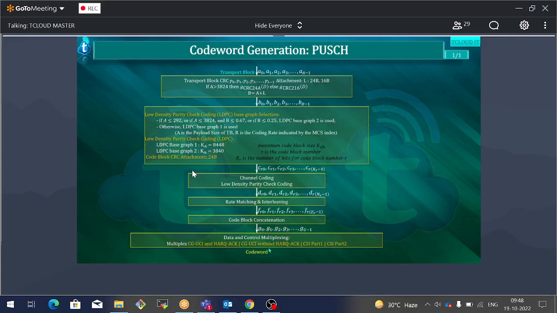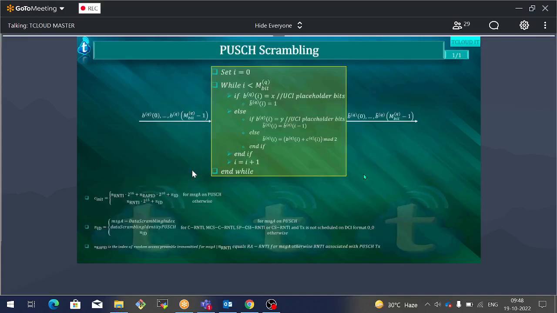Once all of it is done, you are going to have the codeword generated. That would go through normally the scrambling process, the same as the ones that we have studied earlier. Now this scrambling mechanism is different for the UCI placeholder bits, the control information that we are multiplexing.